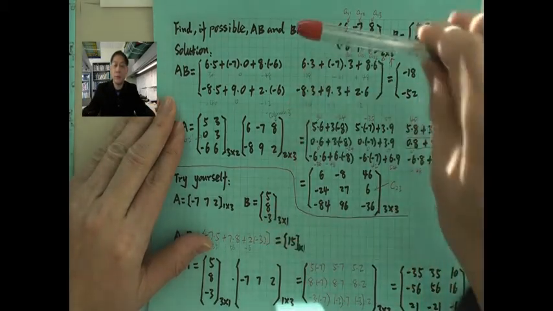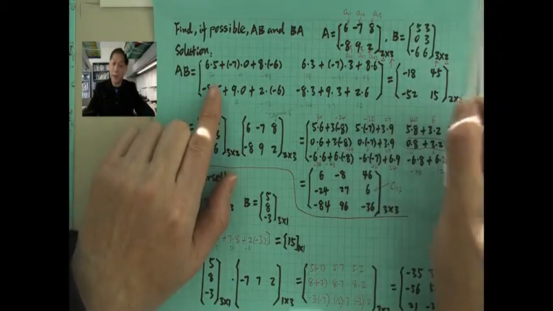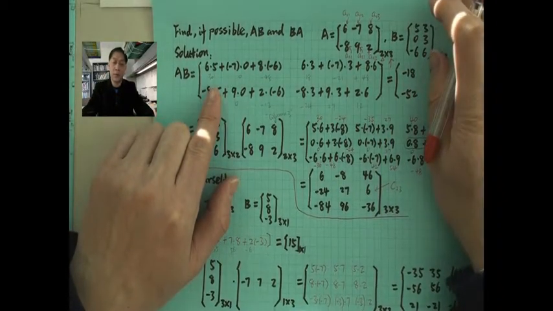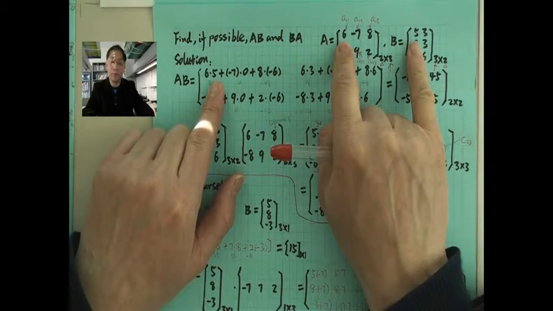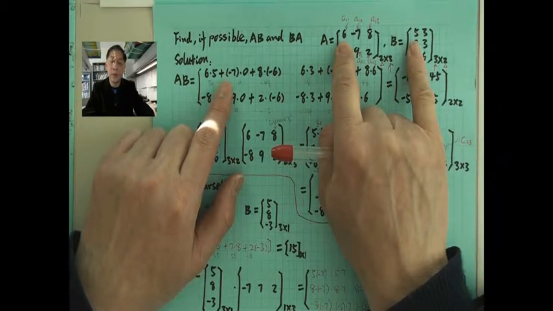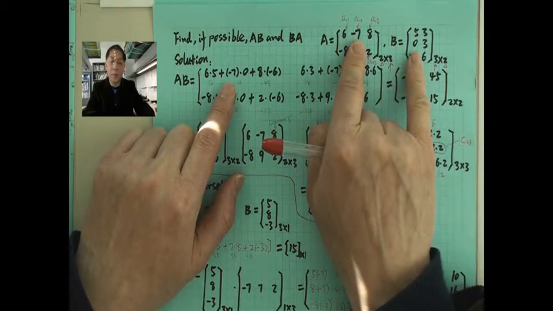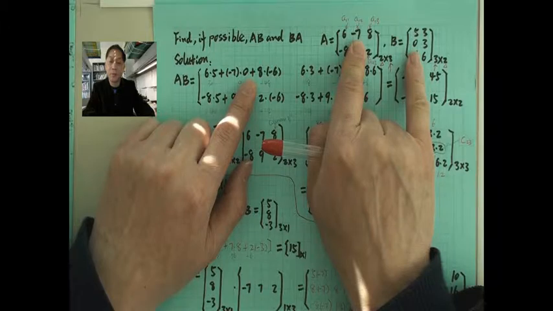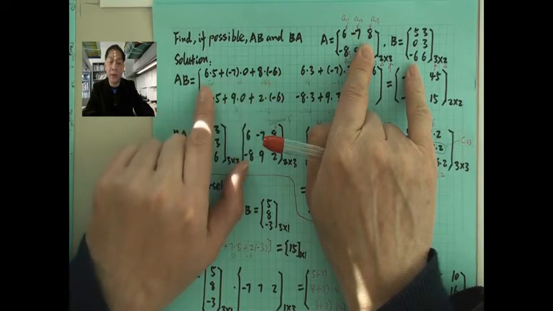Now, row times column, add together. So what we have here is 6 times 5, row times column, plus negative 7 times 0, plus 8 times negative 6, add together.